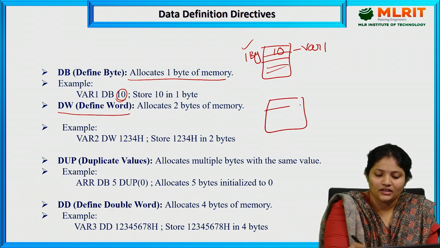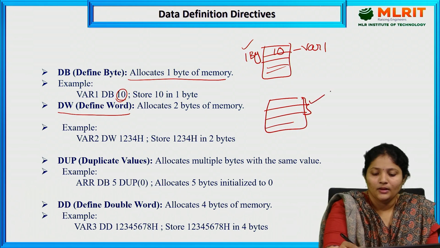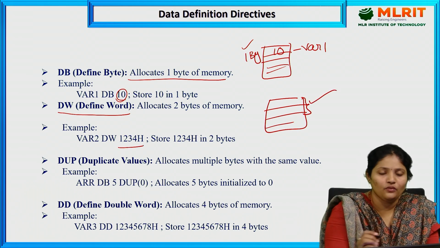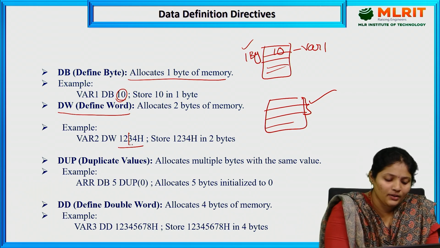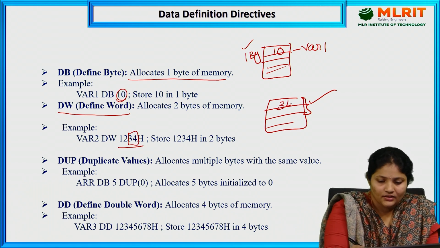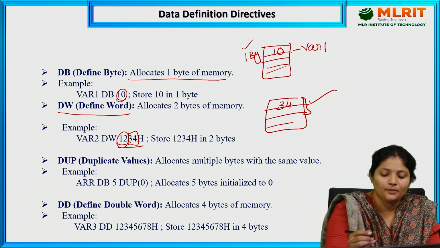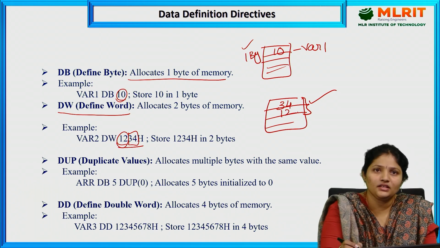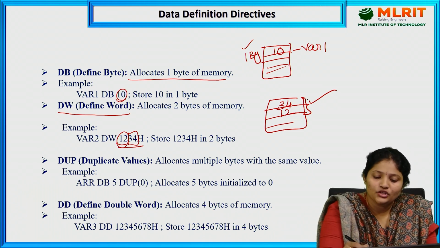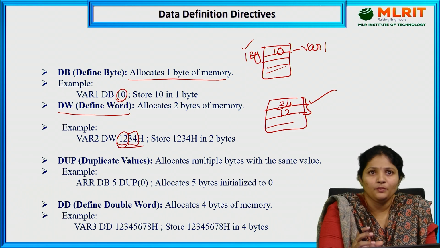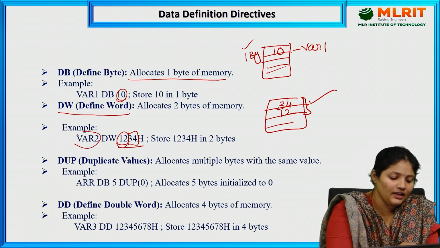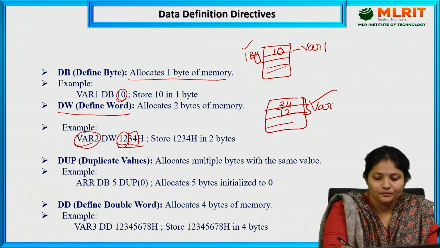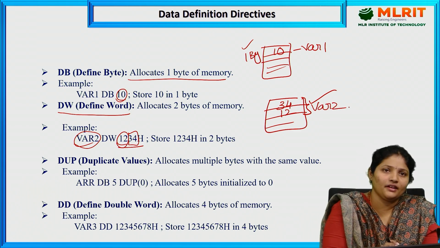So these 2 bytes will be allocated to store 1234. As I already told in the previous videos, the lower byte will be stored in the first memory location and the higher byte will be stored in the location that follows. So these 2 bytes of memory will be reserved for the number 1234 under the name of var2 according to this instruction.